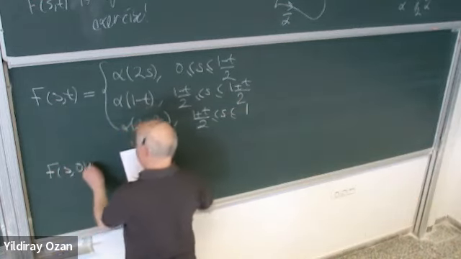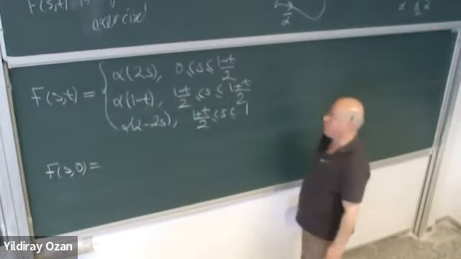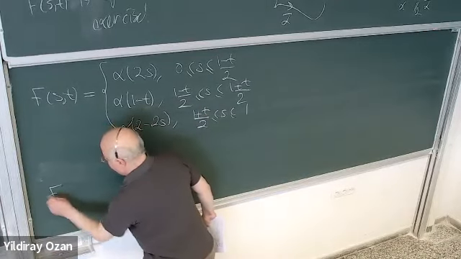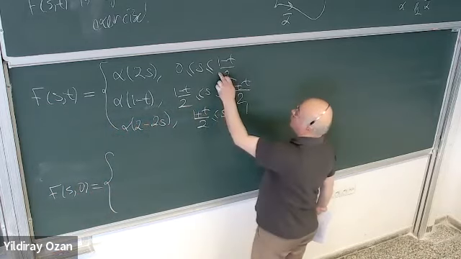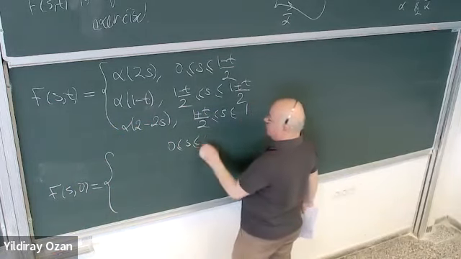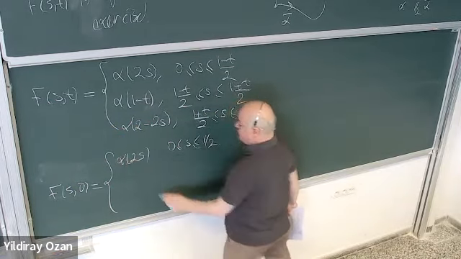What is, for example, F(s,0) when t equals 0? When t equals 0, this is just 1 over 2, so 0 to 1 over 2, and you go like this.